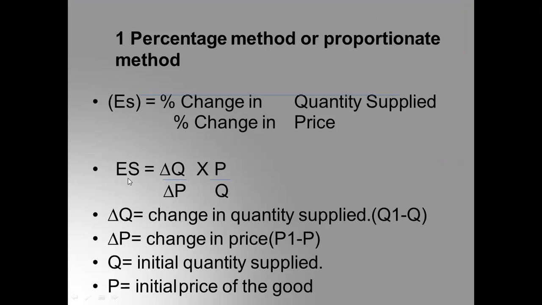Okay. Now, the formula of elasticity of supply, children, is change in quantity by change in price into price by quantity. And we all know that change in quantity is Q1 minus Q, and change in price is P1 minus P. Okay, Q is the initial quantity supplied and P is the initial price. So Q1 would be the new quantity and P1 would be the new price.